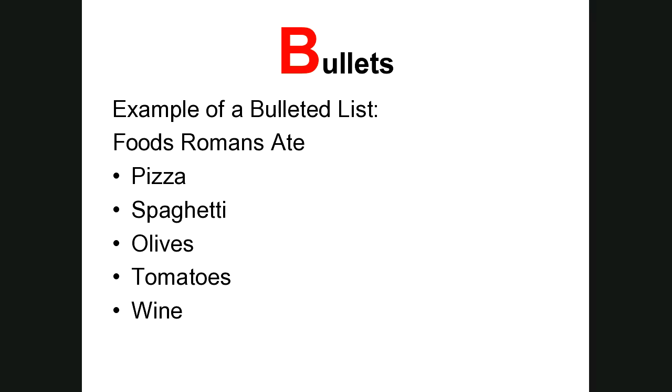And then underneath that, using bullets, you list the foods. A bulleted list helps you organize your notes, and is useful for things to remember as you're reading through your curriculum.